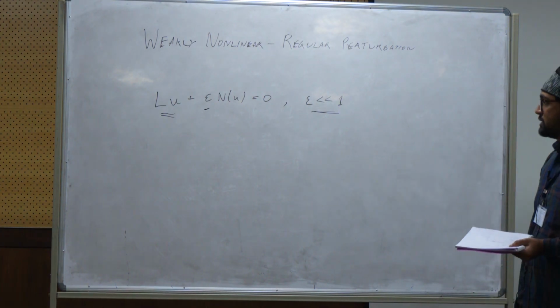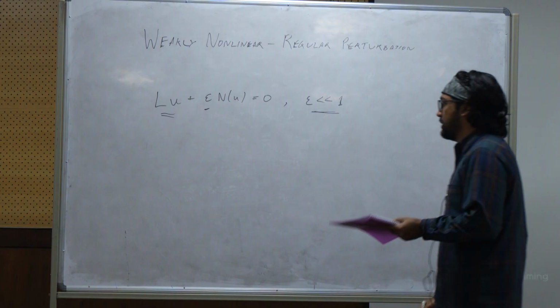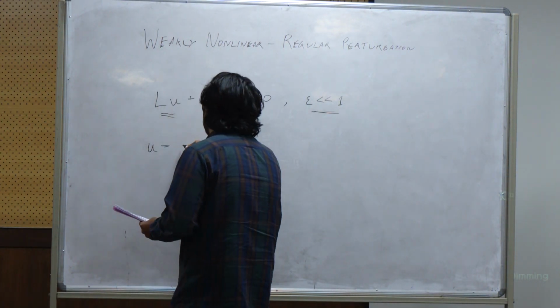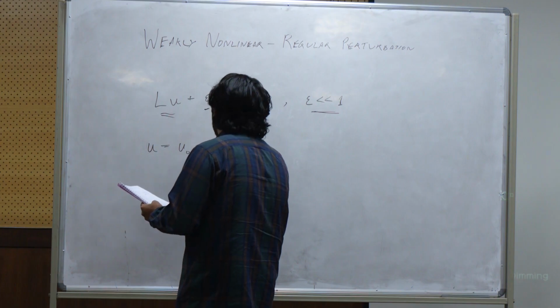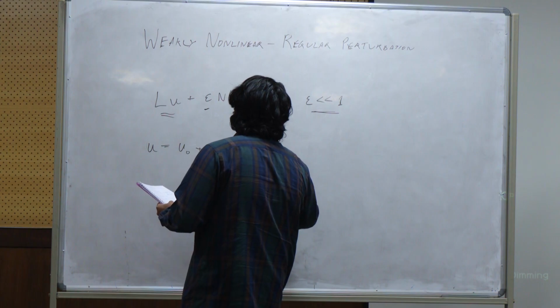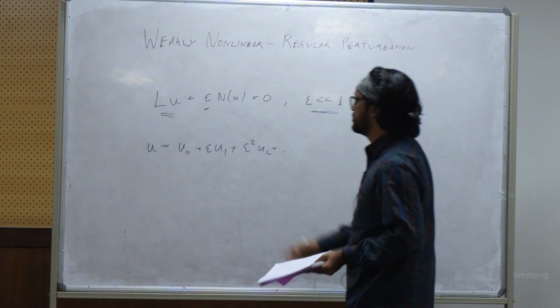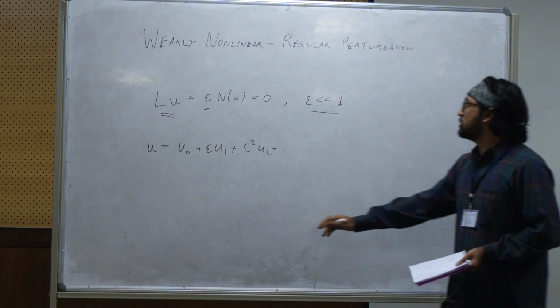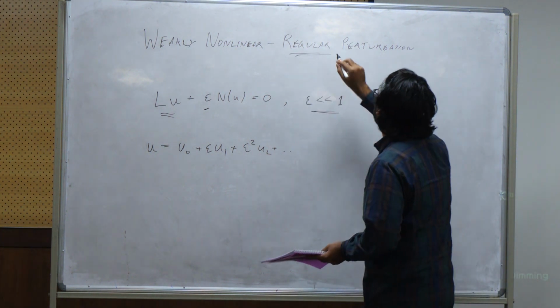So for such a system or such an equation, the general solution can be expressed as u equals u naught plus epsilon u1 plus epsilon square u2 and so on. So basically the solution can be expressed as a series, a perturbative series, and this is only for what we call regular perturbation.